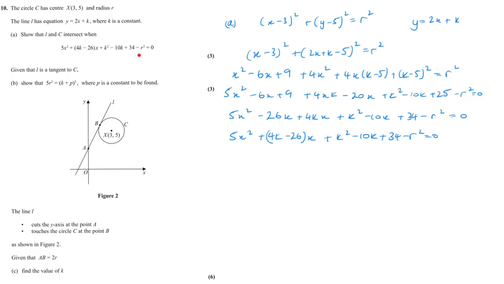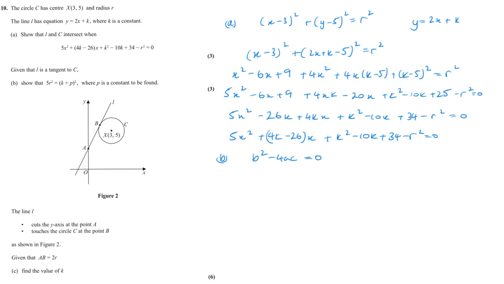Okay, so we've done that. Now part A is done. Now we're going to part B. Now given that L is a tangent to C, that means that b squared minus 4ac will be equal to 0. There's just the one root.